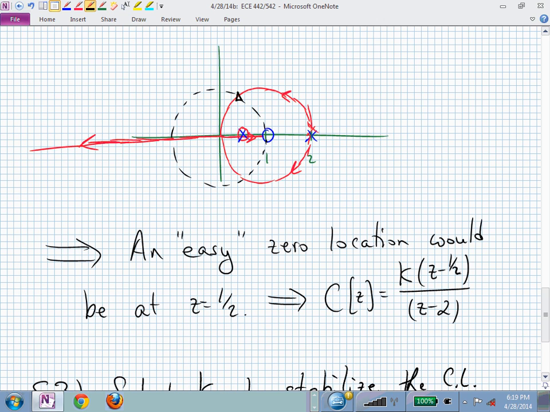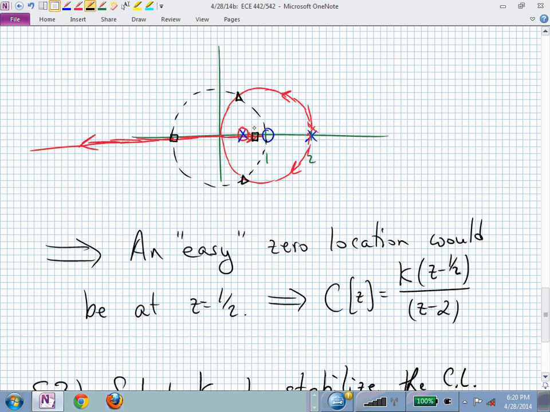But if we sort of forget that, we effectively have 2 branches of our root locus. We need to crank up the gain K to get us at least to those triangles. And then we can't crank it up so much that we move beyond the square. Is that clear?